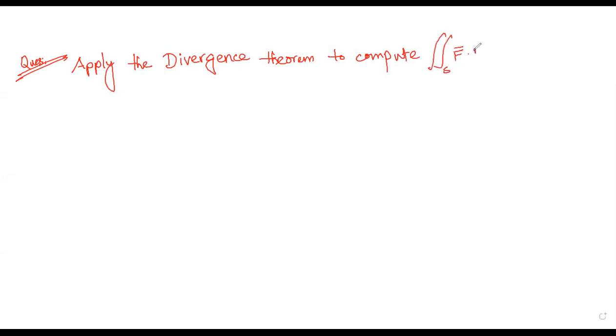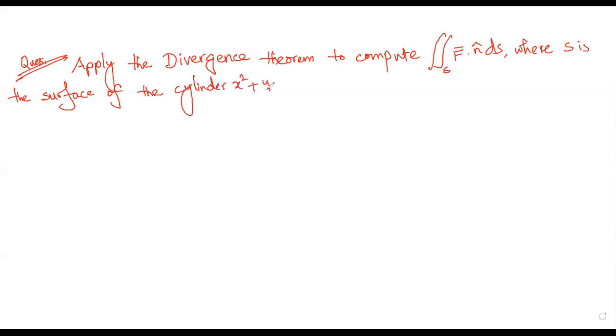Apply the divergence theorem to compute the surface integration of F dot n dS, where S is the surface of the cylinder x square plus y square equal to a square.